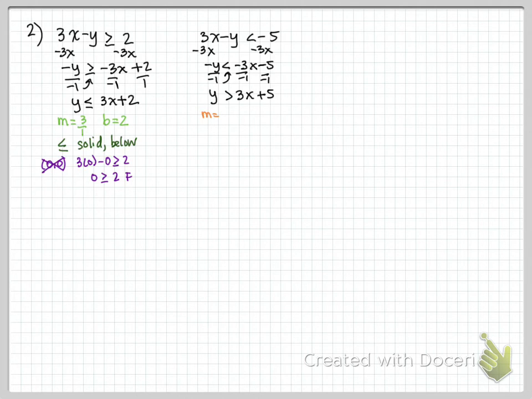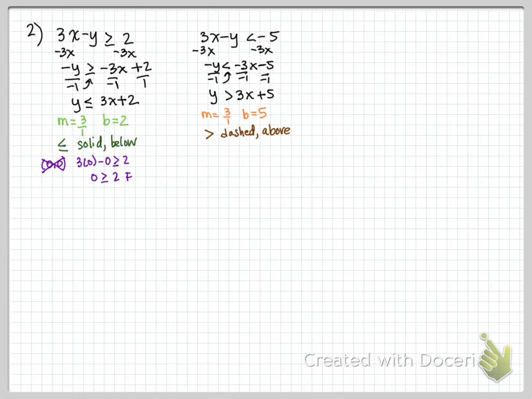So the slope is 3 over 1, and the y-intercept is 5. Now we have greater than, which is going to be dashed, and shading above.